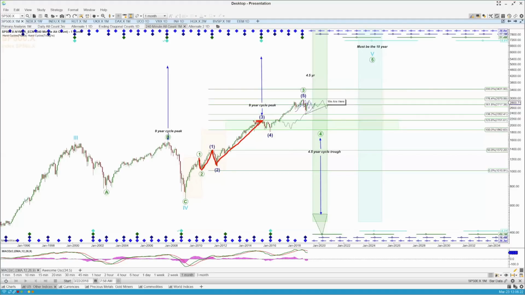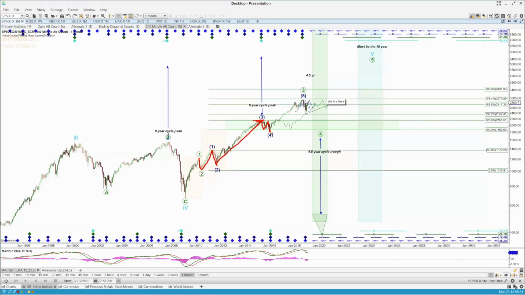So let's look at this wave 3 here, which is the wave 3 intermediate degree of trend, or fractal rather, and that was the May 2015 peak that we saw in the US markets, followed by this correction that took just under a year into the February 2016 low, which was the wave 4 at intermediate degree of trend.